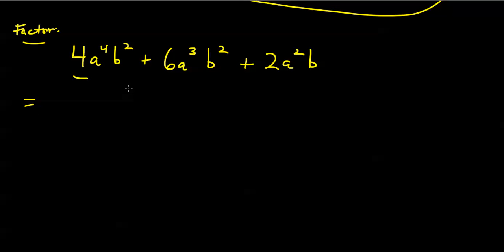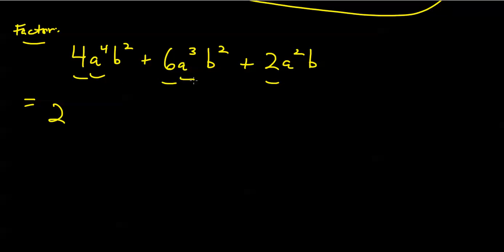I'll consider the numbers first, the coefficients. What's the greatest common factor of 4 and 6 and 2? Remember, greatest common factor is the greatest value that is a factor of each, and certainly 2 is going to be the GCF of those coefficients.